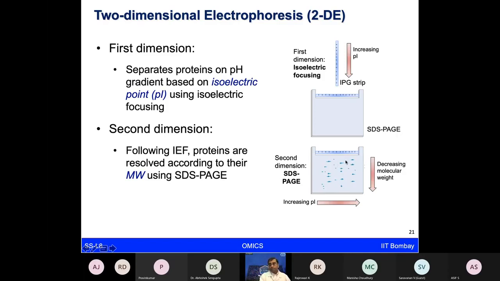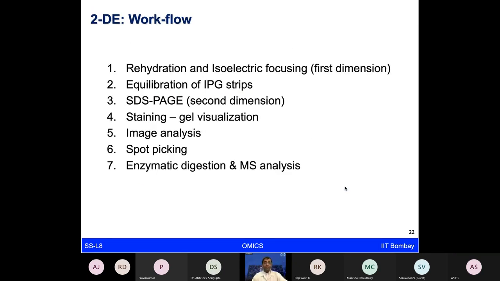So this IPG strip, which was separated based on the pI values, you are now going to further separate in the second dimension based on the SDS-PAGE principle, which separates proteins on the molecular weight basis. So all these tiny spots which you see now represent two different properties. One is the pI value, and the second is their molecular weight. So for every protein we can get right away the information of what their molecular weight is and what their pI values are.